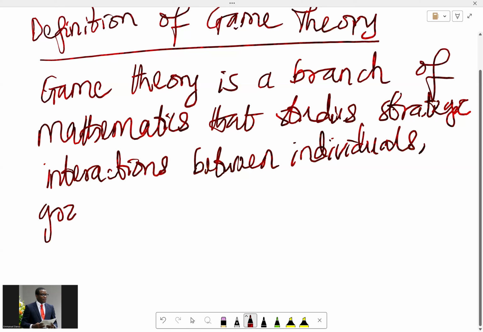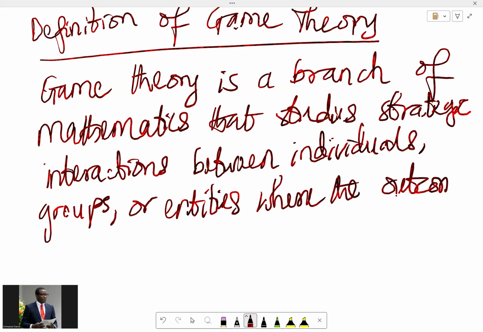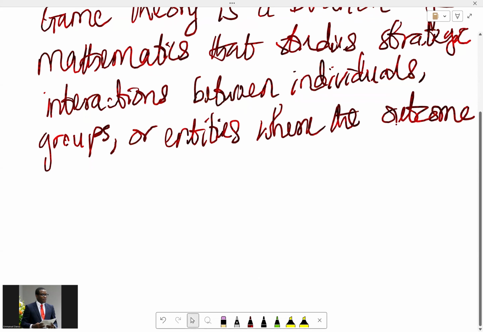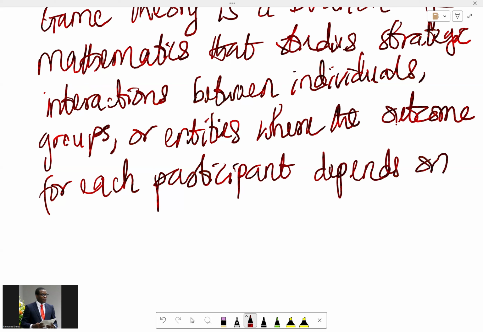groups, or entities where the outcome for each participant depends on the actions of others.